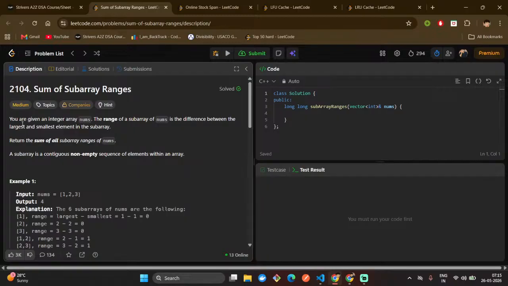You have to find how much this contributes.